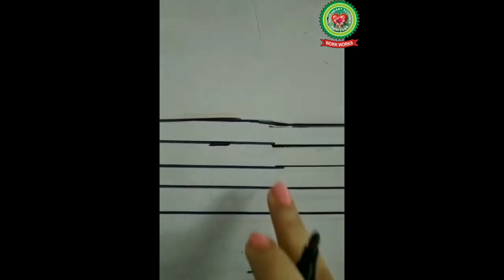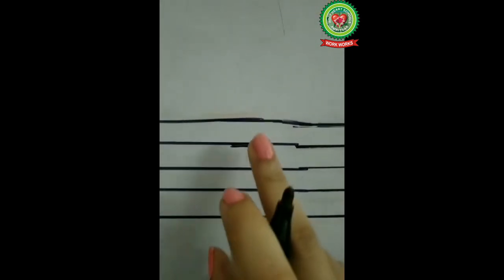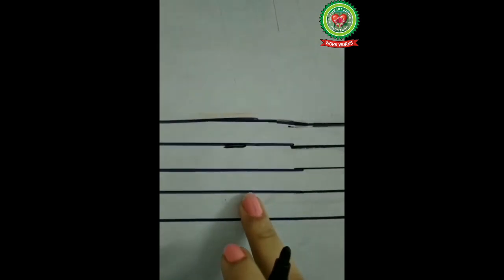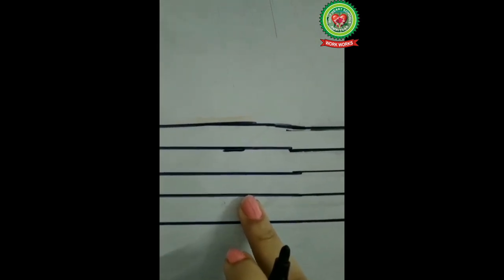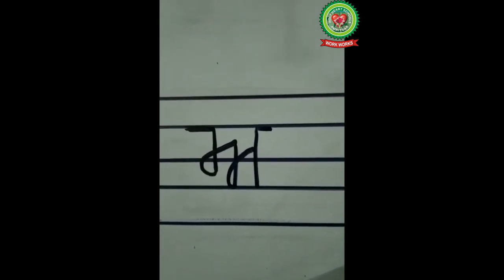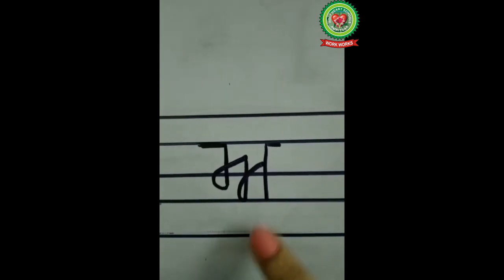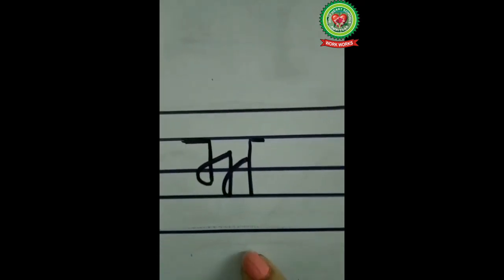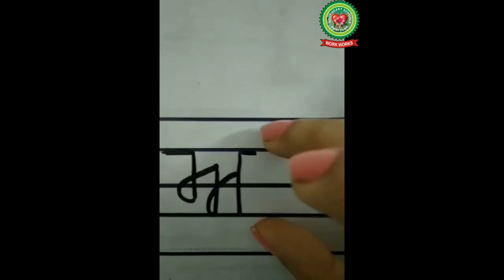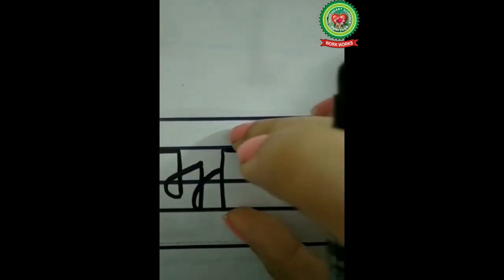For that I have drawn 5 lines and I'll use these 3 lines to write ERA like this. ERA should not touch the first line and the last line. I have to write ERA in between these 2 lines. Now I'll teach you how to write ERA.